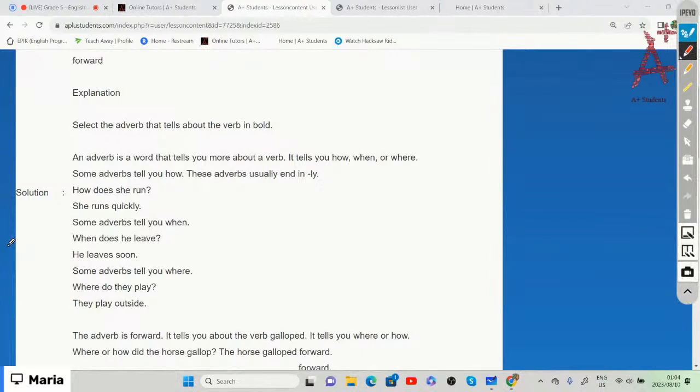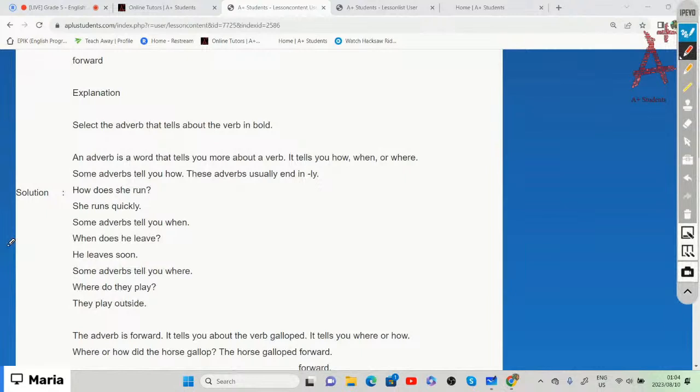It tells you either how, or when, or where. So an adverb tells you more about the verb, and it tells you how, when, or where.